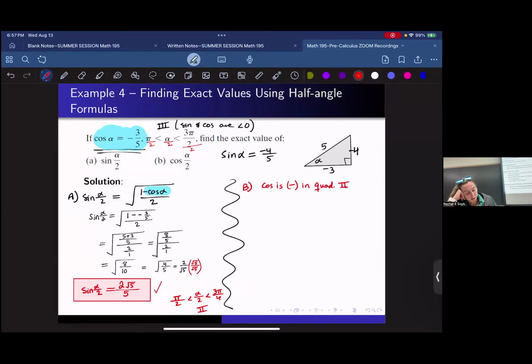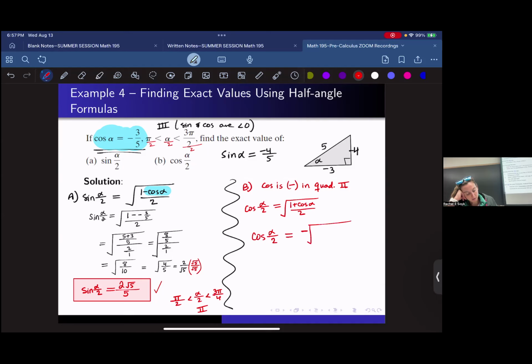Okay. So we have our cosine of alpha over 2 is equal to our square root of 1 plus cosine of alpha over 2. So our cosine of alpha over 2 is a negative value.